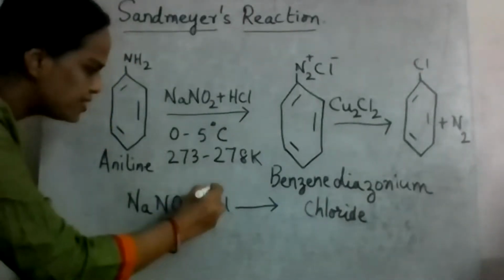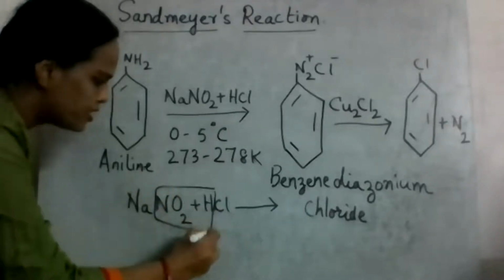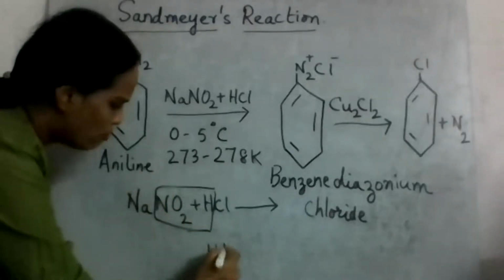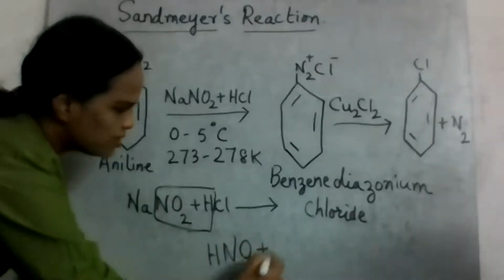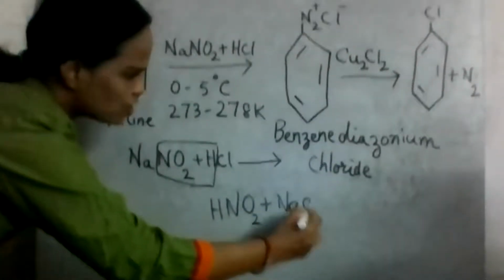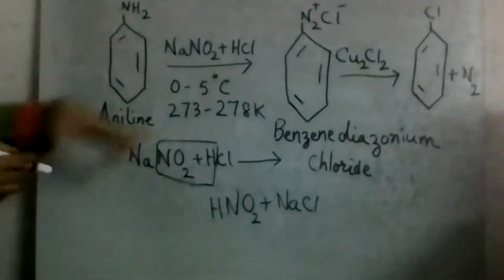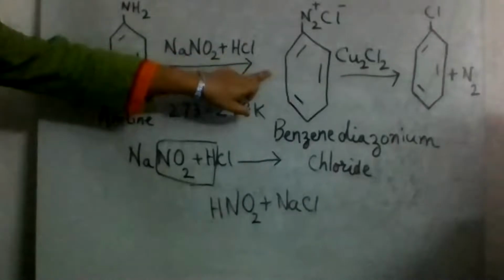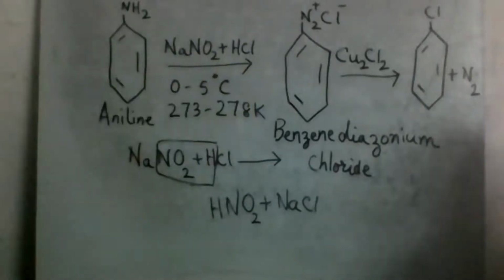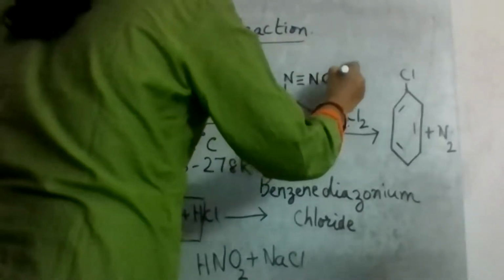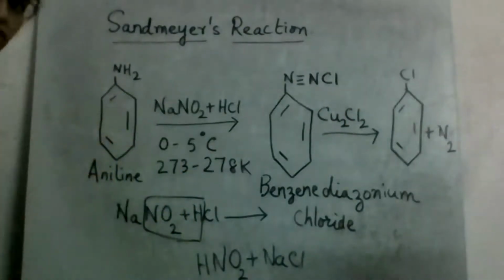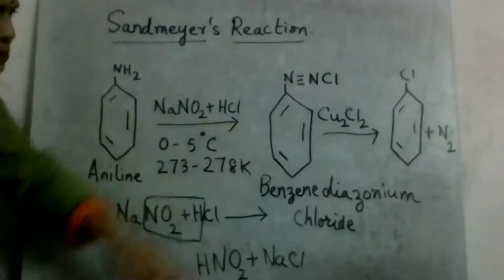Nitrous acid is generated, HNO2 plus NaCl. This HNO2 is responsible for the formation of this benzene diazonium halide. You can write the structure of this benzene diazonium halide as N triple bond N plus Cl minus. This is also the structure of benzene diazonium halide.